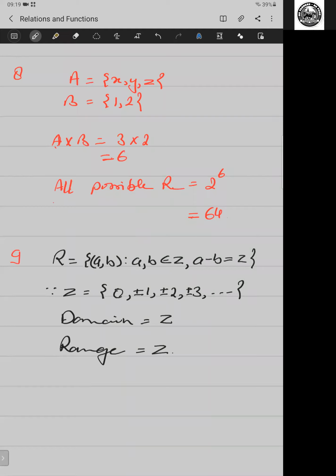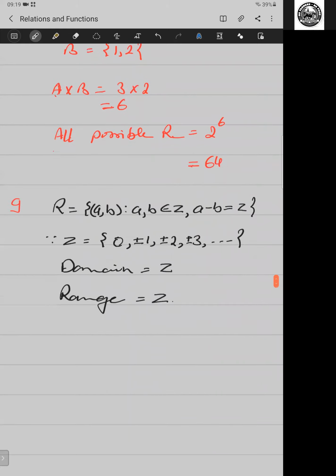And when it is an integer, it means it is holding the condition. So domain and range both will be integer in this case. So this question also we are able to understand.